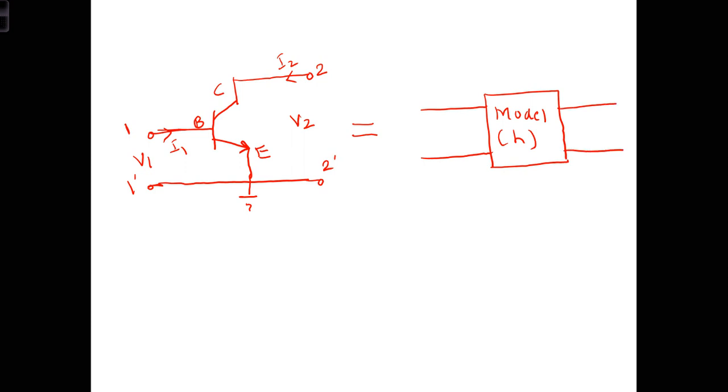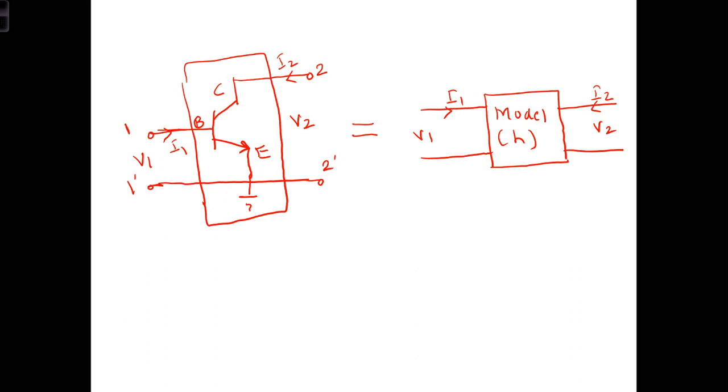What does it contain? Same thing, only the transistor we are representing by the model. So it is I1, V1, V2, I2. That's all.